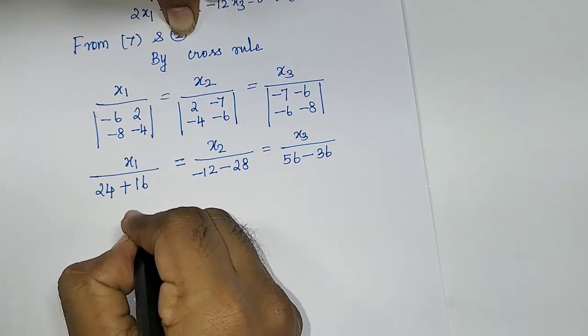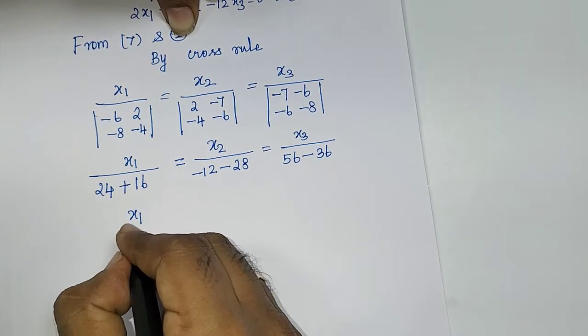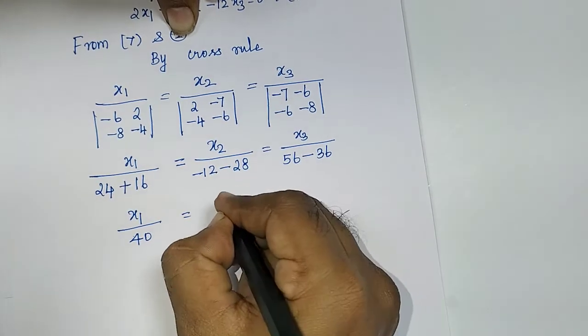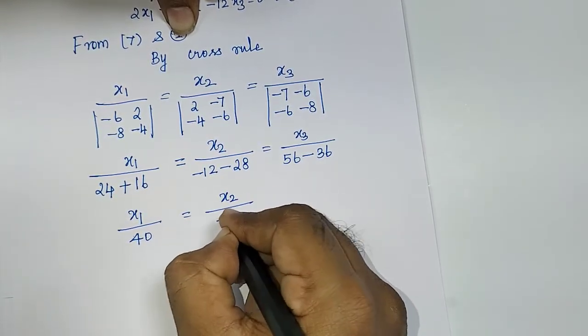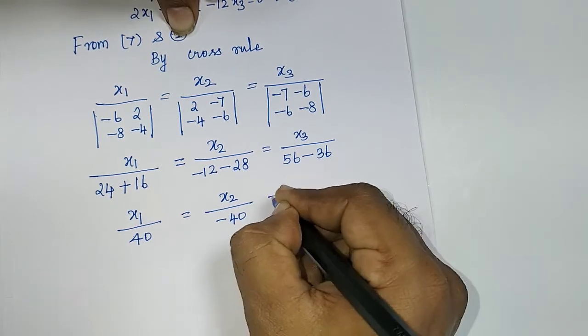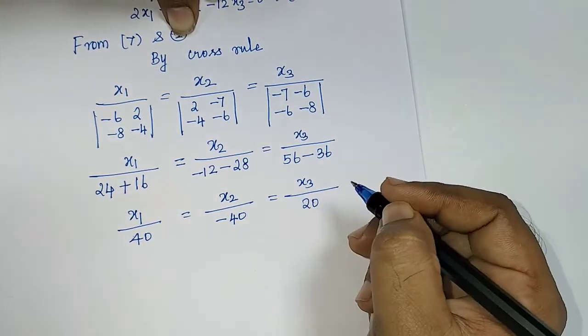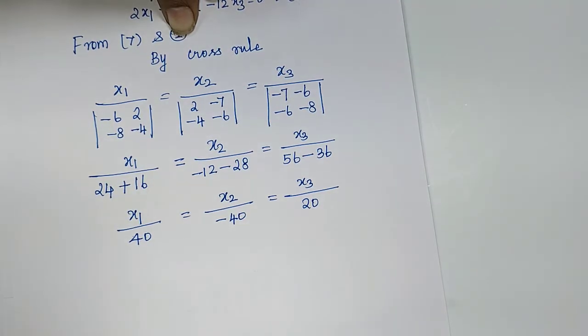So I am writing x1 divided by 40, equal to x2 divided by minus 40, and equal to x3 divided by plus 20. So commonly we can divide it by 20.